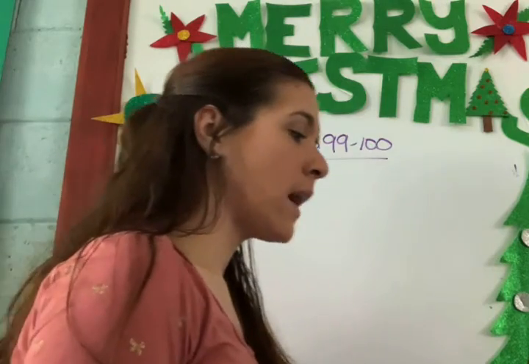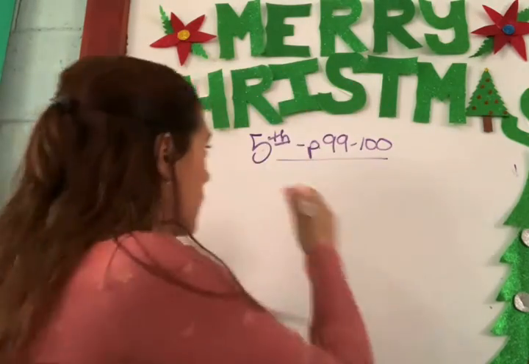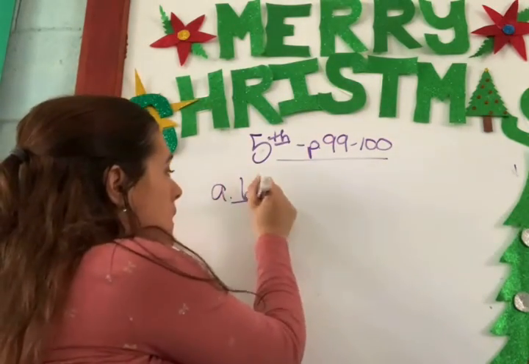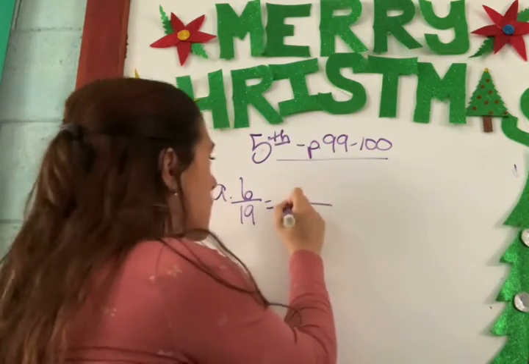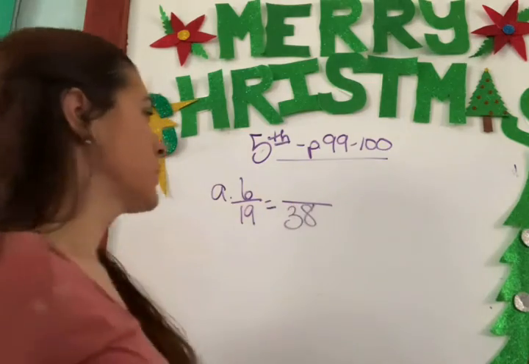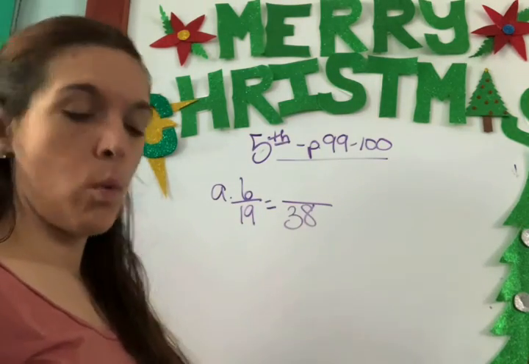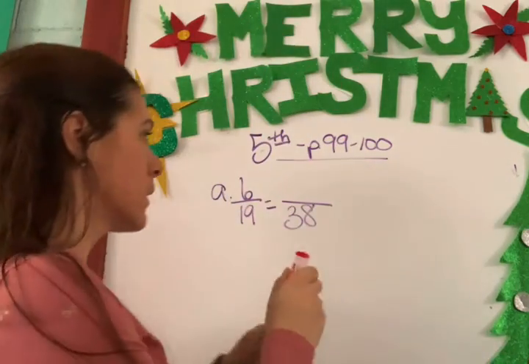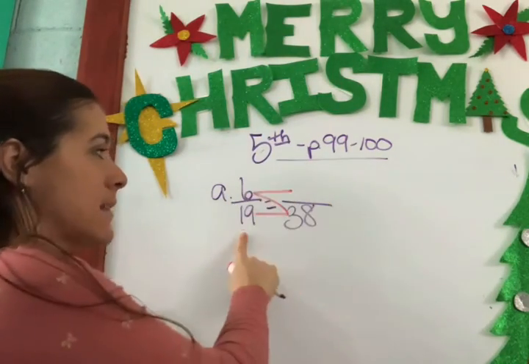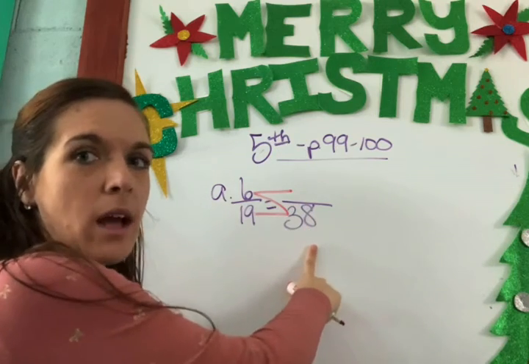Okay, so look at number 1, letter A. 6/19 equals something over 38, right? So what are we gonna do? We're gonna do the backward Z. Because 19 times what equals 38? I know that's a crazy one.